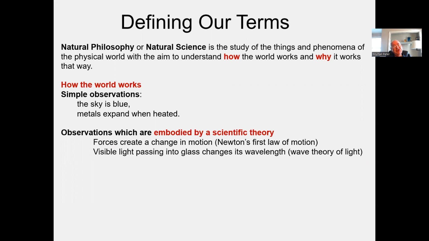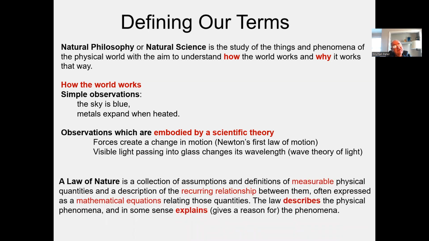And that's why lenses work the way they do, by focusing light, et cetera. Again, all of this is in the wave theory of light. So there are observations, things that you can describe, but they're much more sophisticated than simply saying the sky is blue, because they're embodied in a scientific theory.